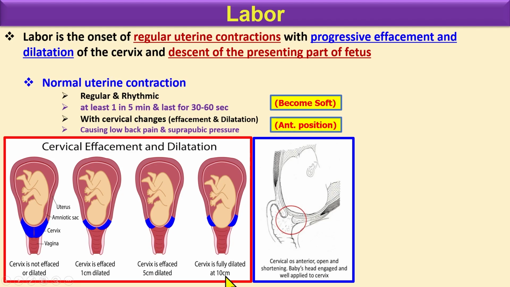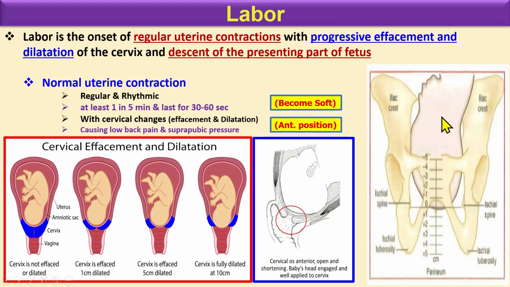If you look at the other part of the definition, that is descent of the presenting part of the fetus. Let's look here. We define it by the station. Here you can see the fetus and here is the pelvis. The landmark here is the ischial spine. If the fetus reaches here, we call it engaged. If it is above it, we measure how many centimeters, in -1, -2, -3, -4, -5.